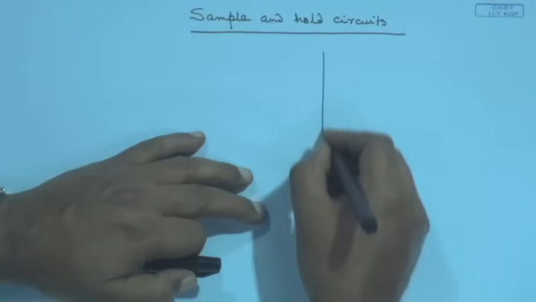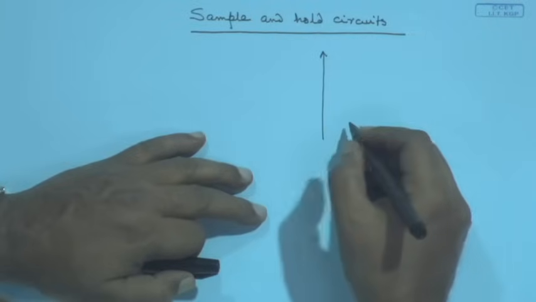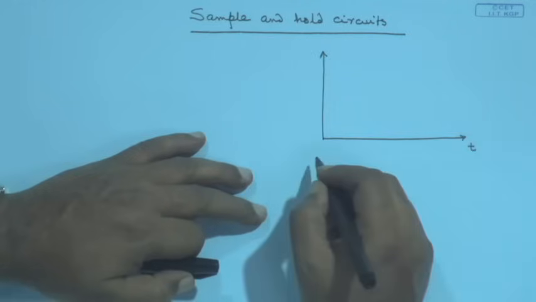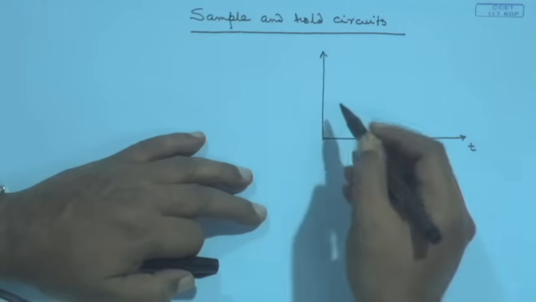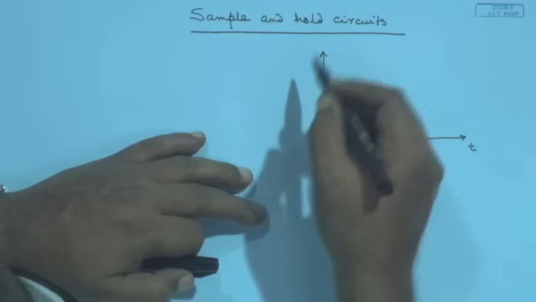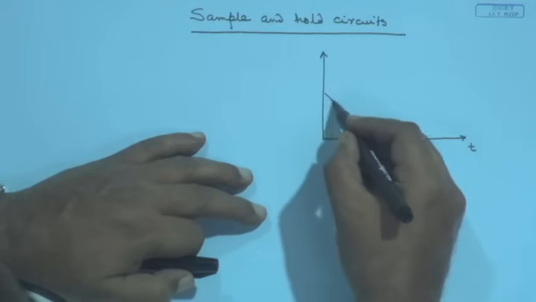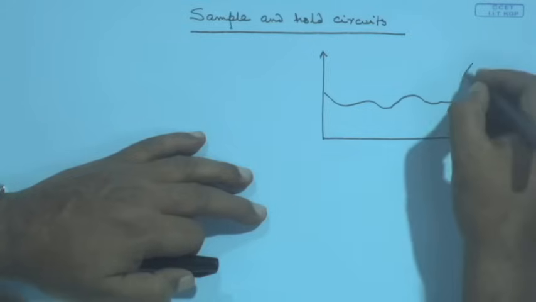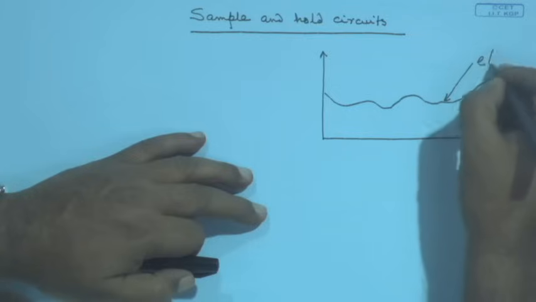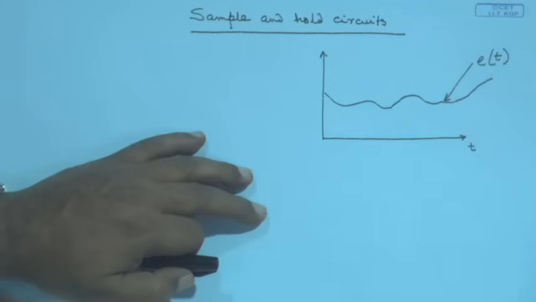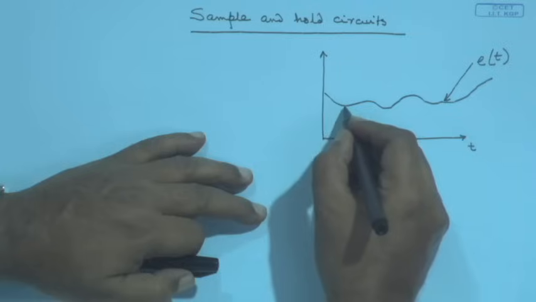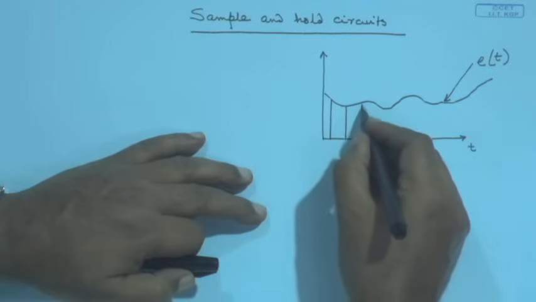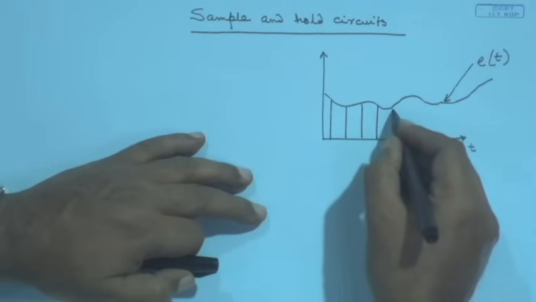Now, suppose I have something like this. Here is time t, and on this side I have the value, and I have a signal like this. Let me call this signal some event E(t), varying with time, all right. I want to sample it at specific times, at fixed intervals.